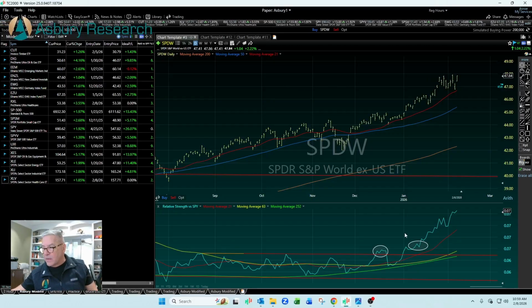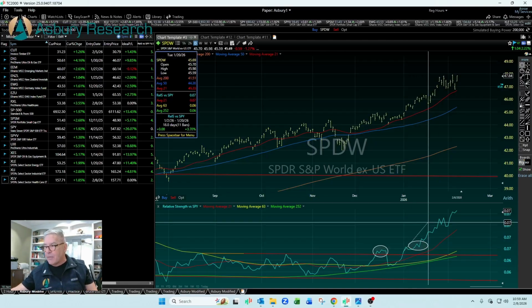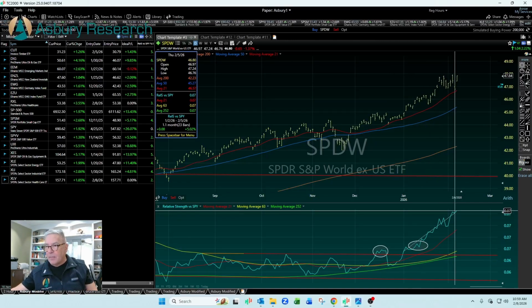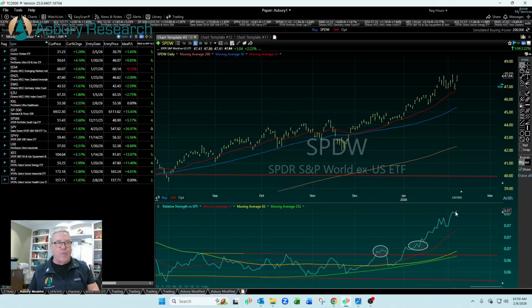But this started to kick in hard here January 2nd. And since January 2nd, SPDW has outperformed SPY by 5%. That's the outperformance that we're seeing, but we're looking at it as an index rather than individual countries starting to trip over one by one by one by one, like we showed you with the US versus the world model.